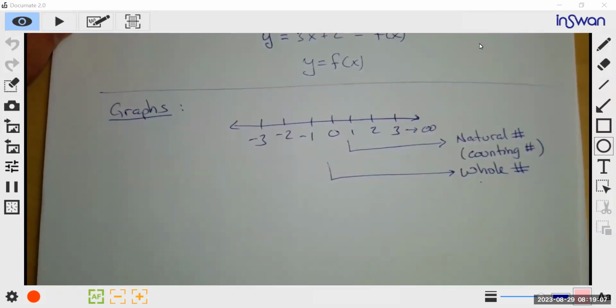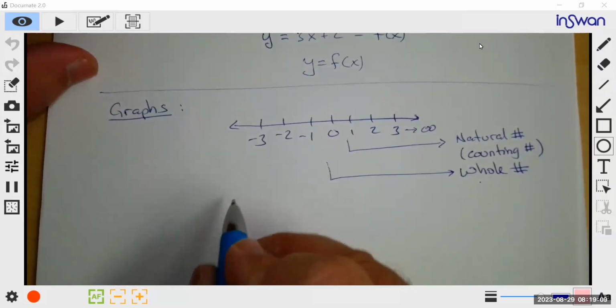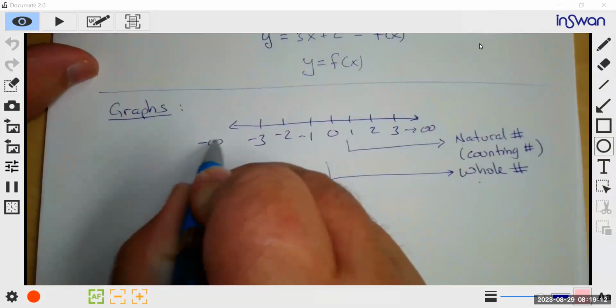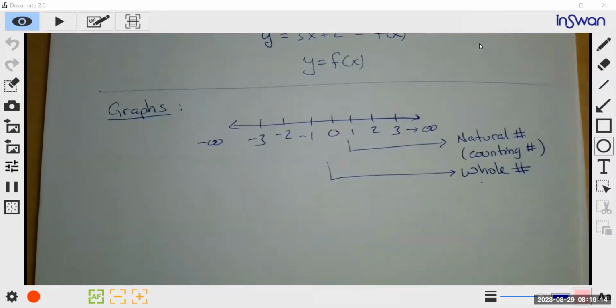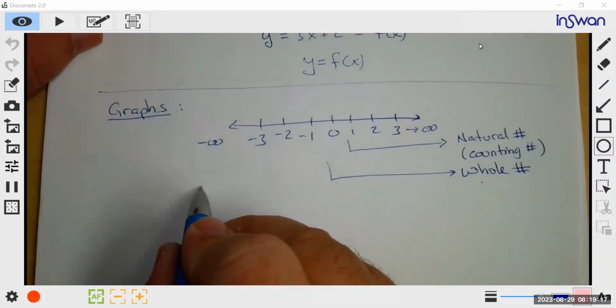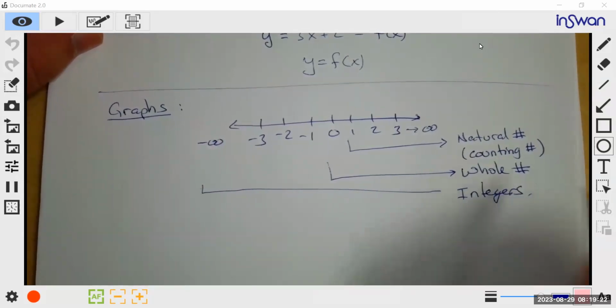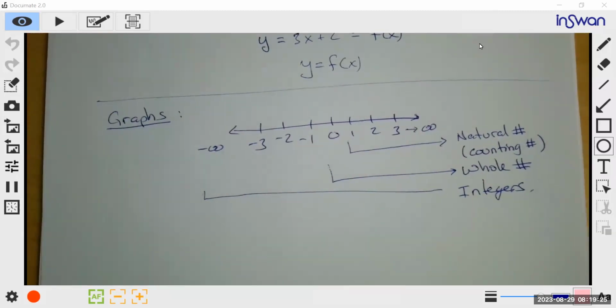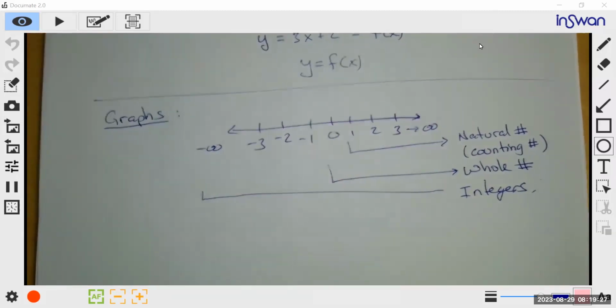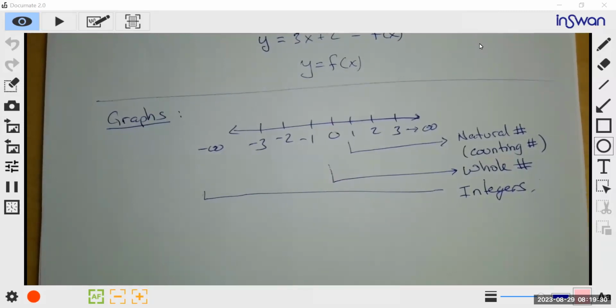And then we're taught negative numbers. Everything from negative infinity to positive infinity, just those numbers, no decimals or anything, we call those integers. Integers are just the numbers, -5, -1, +10. Nothing in between them. What do we call the numbers in between two numbers?